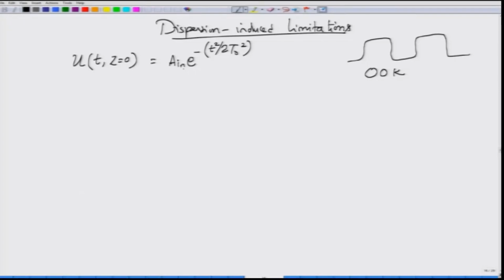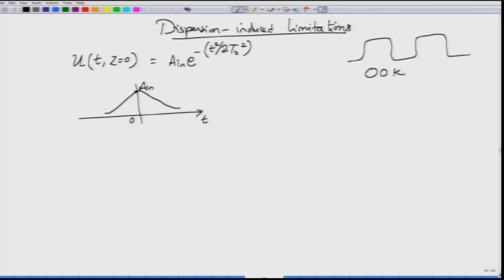There is some amplitude to this electric field, which you can write as A in. This is inconsequential because we are assuming no loss of amplitude in the system, but more importantly, you actually have the initial pulse width given by T0. So, if you sketch this as a function of time, you will see that at time t equal to 0 you have an amplitude of A in, and then you have this sort of a distribution.